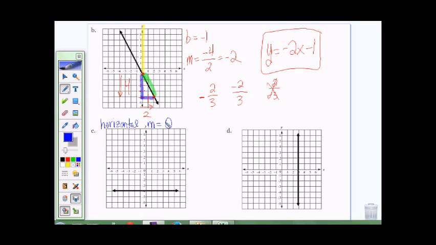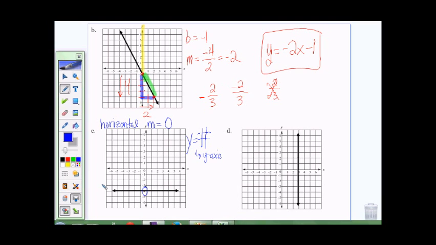But so here's what happens whenever you get a horizontal line. Your equation is always going to be y equals some number. And the number y equals is the y-axis number, where it hits the y-axis. Okay? That happens to be here. So in this particular line, we're hitting at -4.